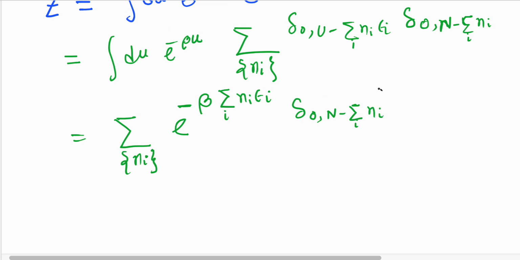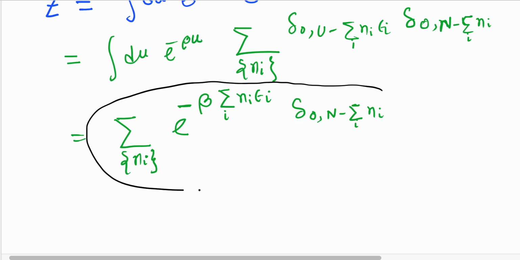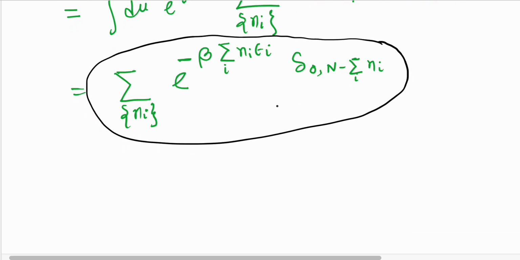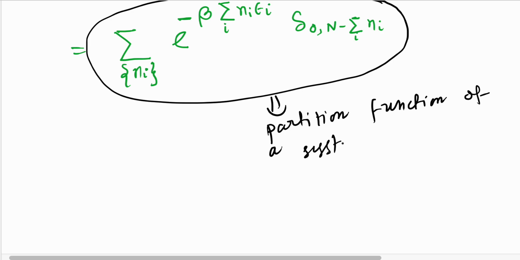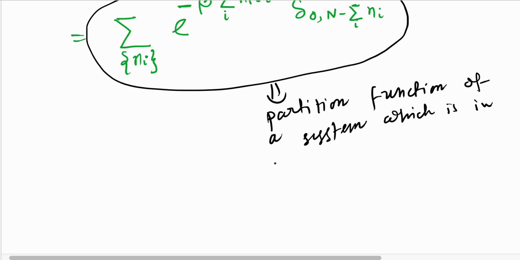So this is called the partition function of a system which is at temperature T, or 1 by beta.